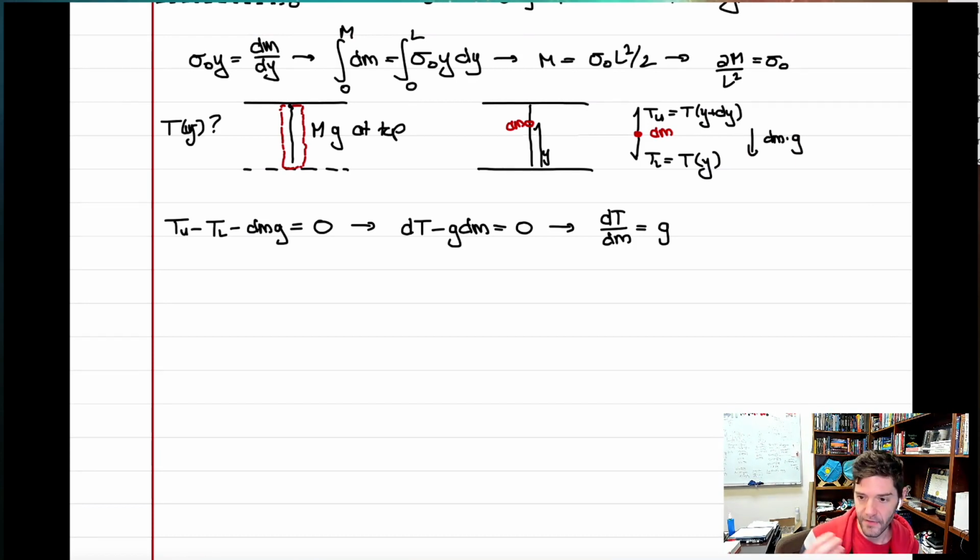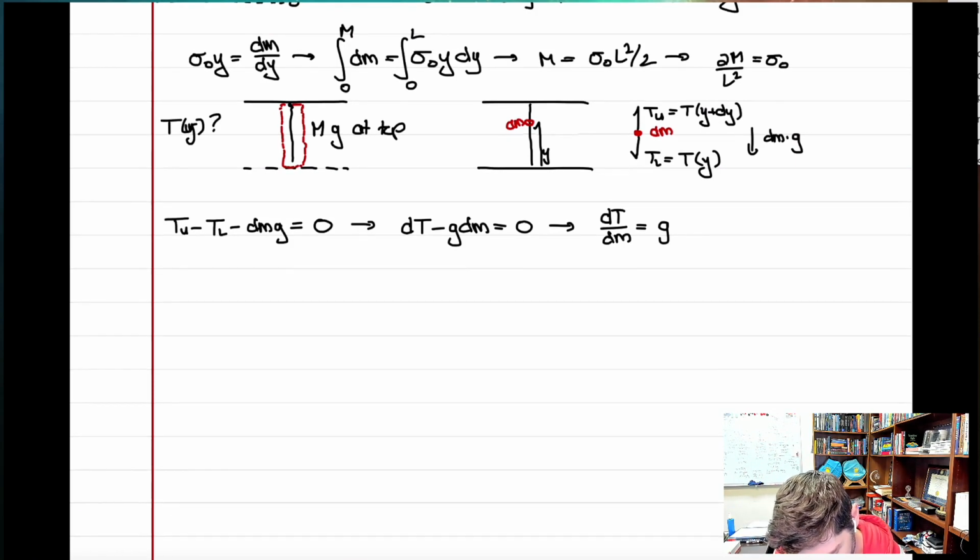I'd rather, if I could, get this as a function of y instead and do this as a function of position rather than as a function of m. I could, of course, write T as a function of m, where little m could go from 0 to capital M. And that does correspond to unique positions of the rope in this case.